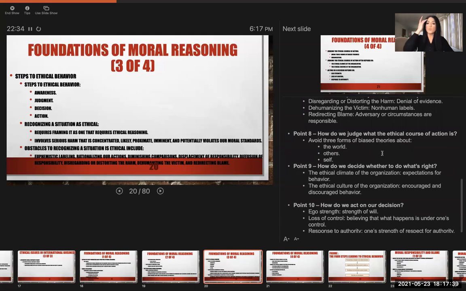So how do we judge what the ethical course of action is? You want to avoid these three forms of bias: the world, others, and self.